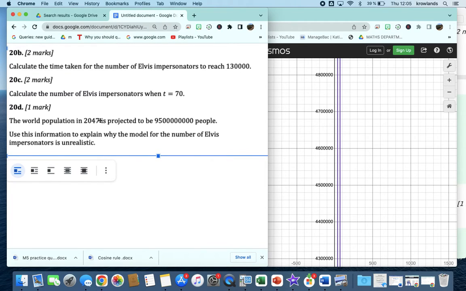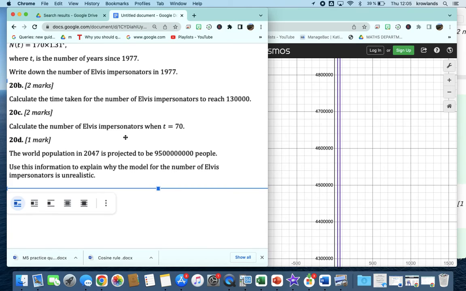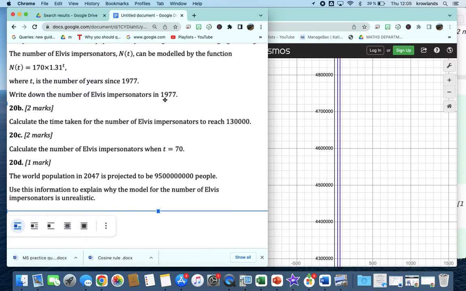It says the world population in 2047 is projected to be this amount of people. Use this information to explain why the model for the number of Elvis impersonators is unrealistic. So what we need to have a think about is 2047. How many years is that after 1977? Hopefully you can work that out. That's 70 years after.